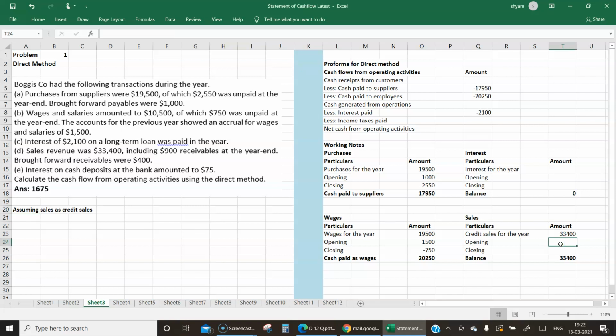And how much we have already sold, including 900 receivables at the year end. At the end of the year, 900 rupees have not been paid by our customers, but at the beginning we had to receive 400 from them. In this year we have sold 33,400 and still they are pending for 900. So add these both and deduct this, you will get the answer. So the answer is 32,900. That comes as the first number.